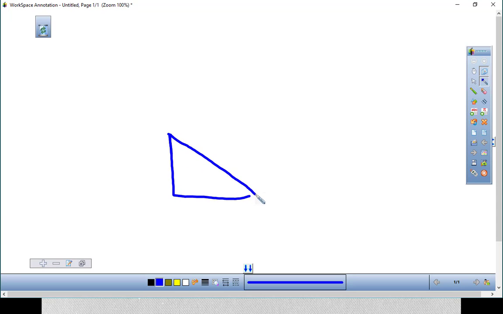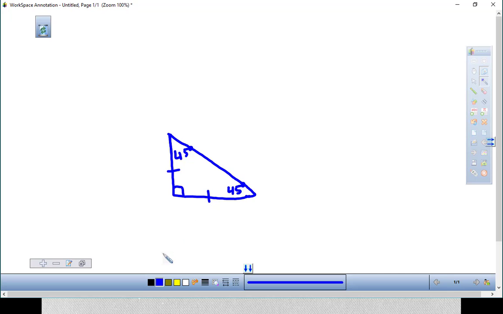When you have a 45-degree angle here and a 45-degree angle here, what type of triangle is it? Isosceles, right? If the base angles are congruent, then the sides opposite them are congruent. So this side is congruent to this one.